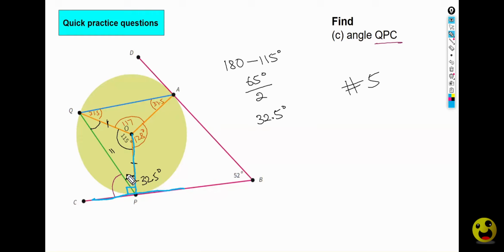So if this whole angle between the two blue lines, the radius and the tangent, is 90, and this portion is 32.5, to find the portion we're talking about, we have to take the 90 and minus the 32.5. That will give us this portion here. We're going to get 57.5. Okay? That is how we get it there.